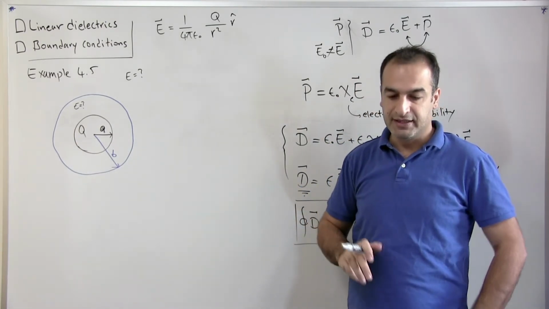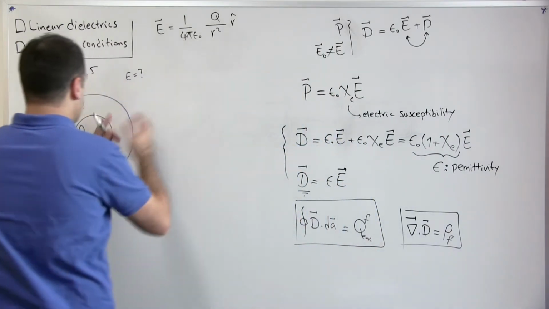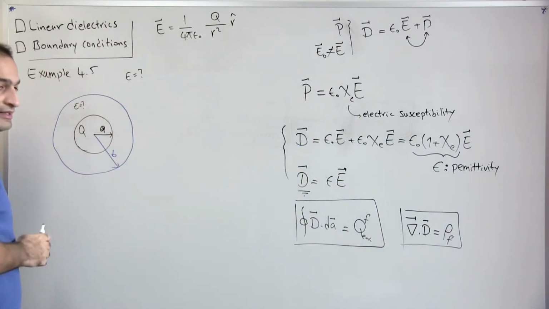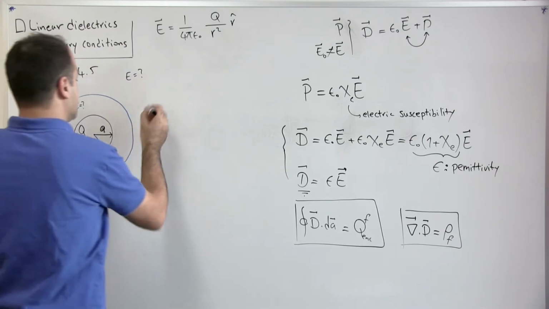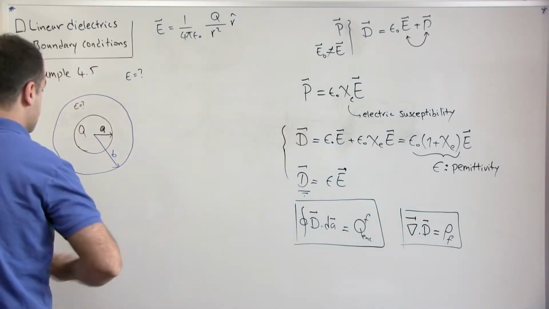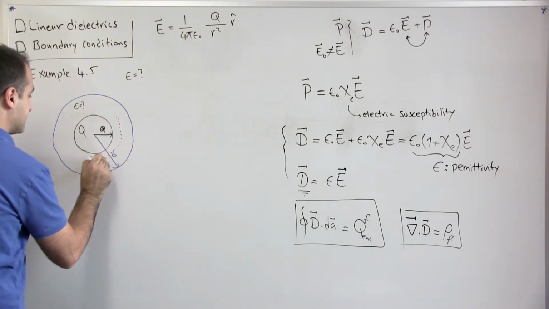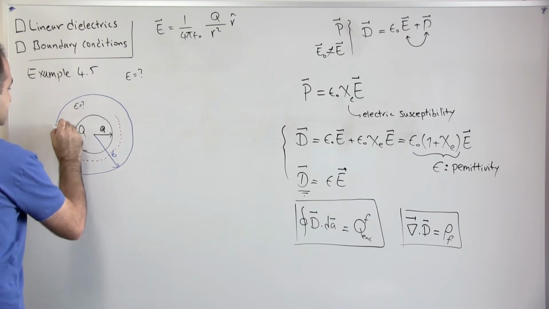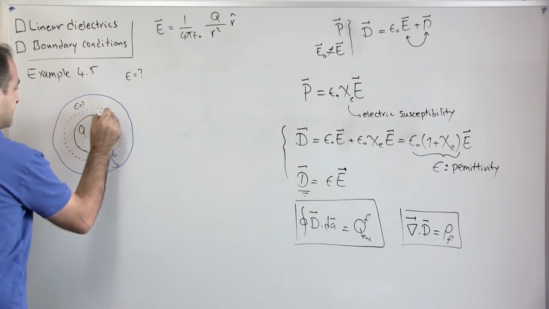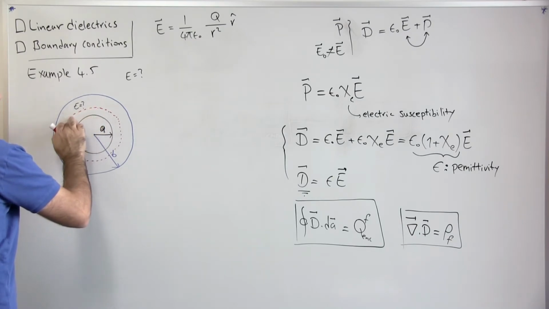What that means is that we can calculate D at any point outside this sphere. Let's do that. I choose a Gaussian surface, which is basically just one sphere. This can be inside the dielectric material or outside, it doesn't really matter, because as long as you are focusing on D, you don't even need to care about the dielectric material.